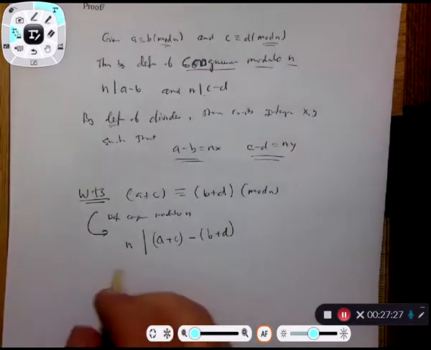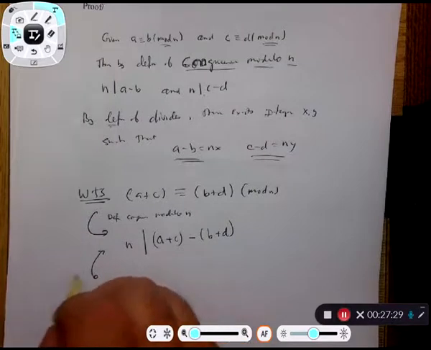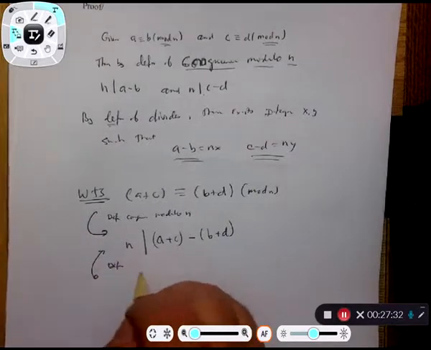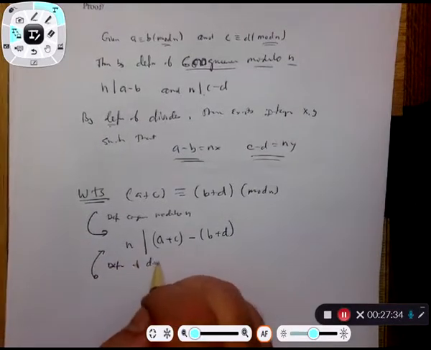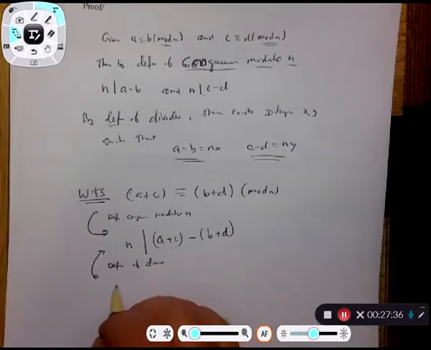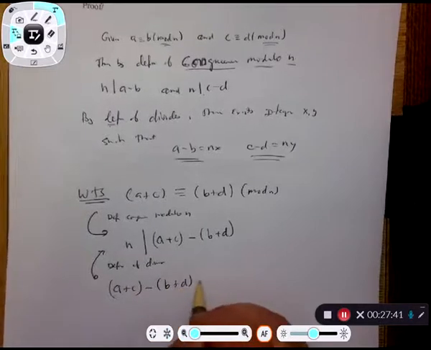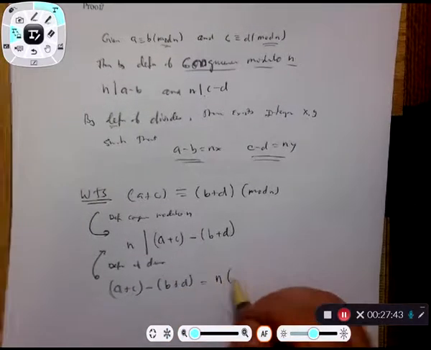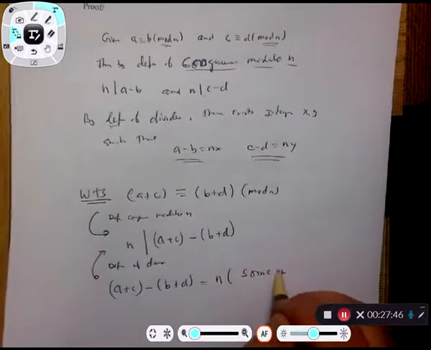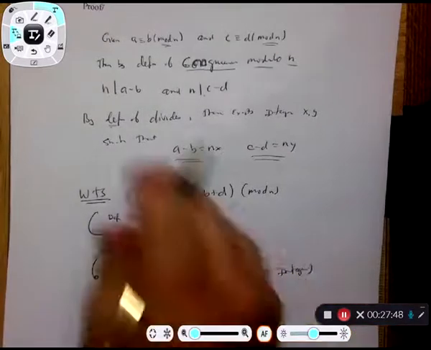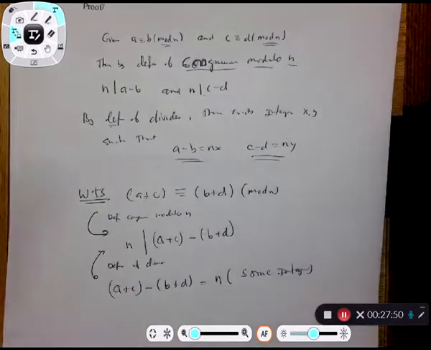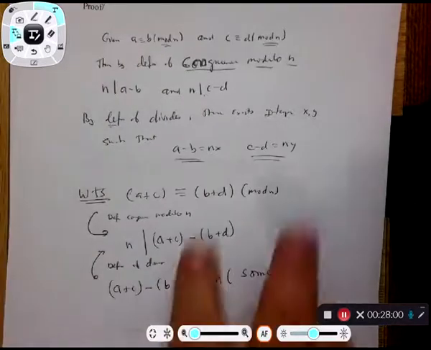And to be able to show this, this is that definition of divides. What we want to show is that A plus C minus B plus D is equal to N times some integer. Again, this is not the official write-up. I'm just talking about strategies here. Your write-up should be a classic paragraph form without the symbols and stuff, except for the equations and the congruence classes. Those are legal.